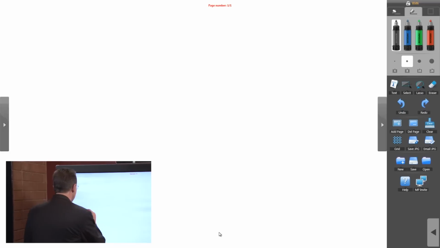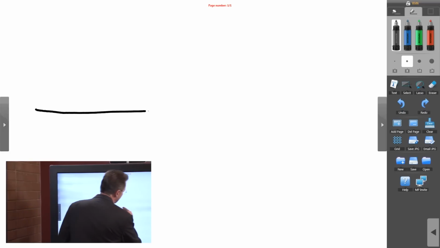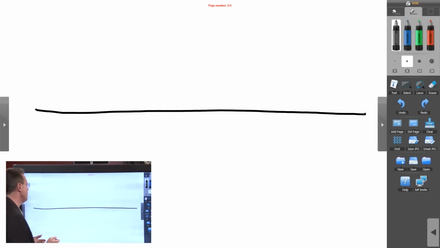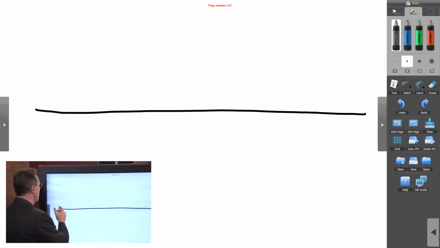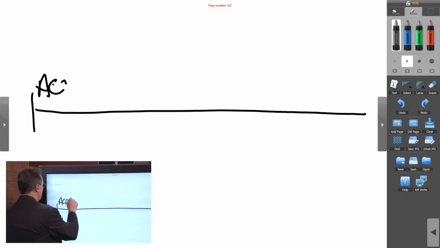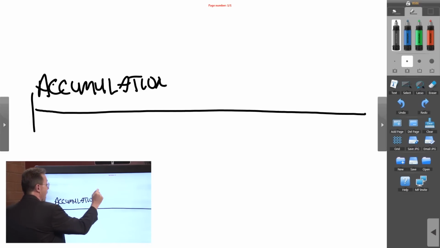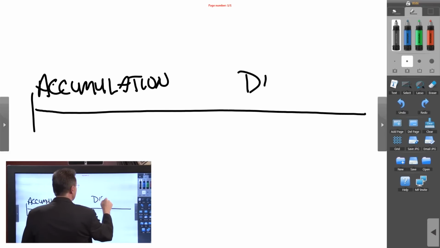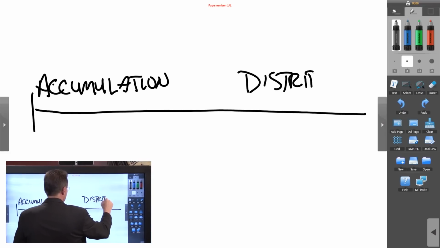Now, as an example, I'm going to draw a timeline here. And on my timeline, I want to be able to say, during this time of accumulation, I'm going to have an accumulation period. And there's going to be a time when I'm going to have a distribution period.